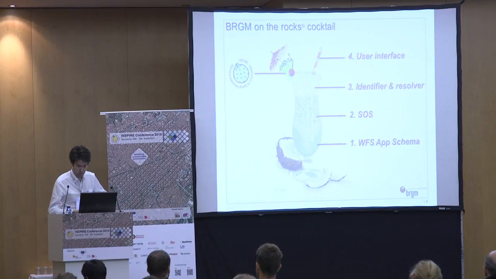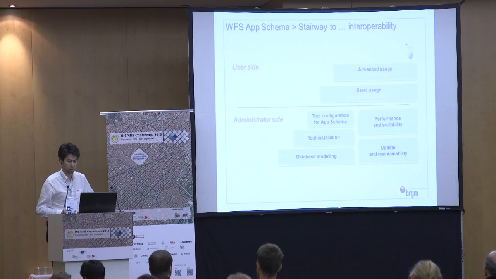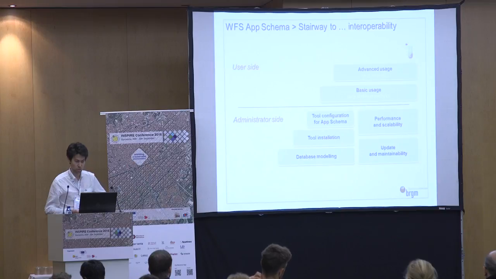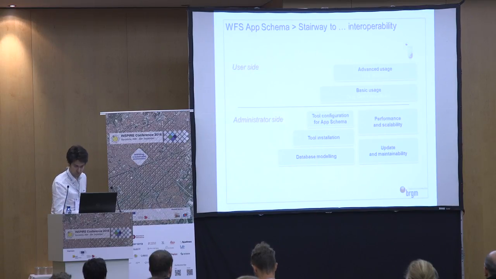So we will start with WFS app schema. Basically, that's our image representation of what we are looking at when we are trying to implement WFS app schema. You first have the administrator side, and the user side doesn't see the same image, like an iceberg. So you have database modeling, which is an important side. After that, developers have to look at the tool installation.